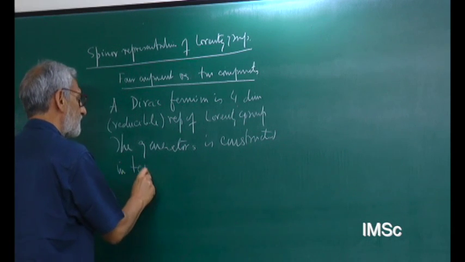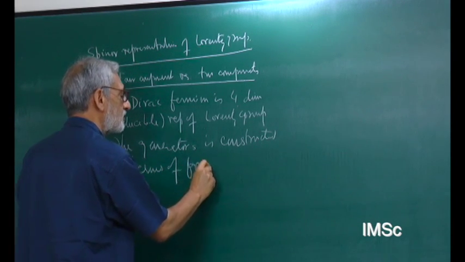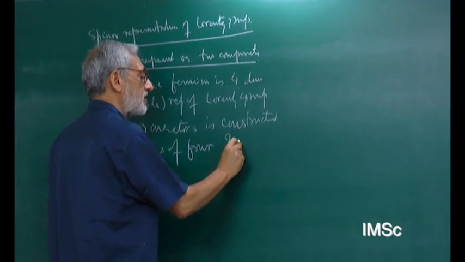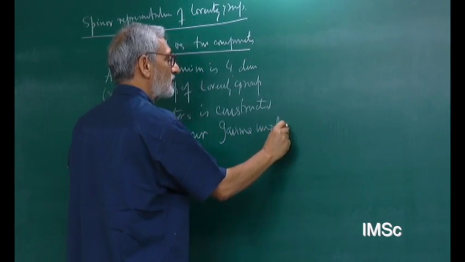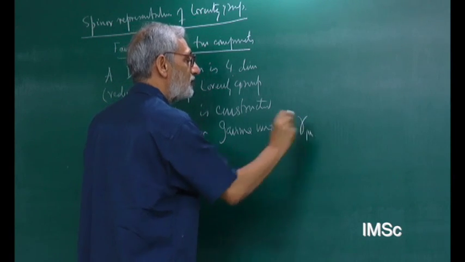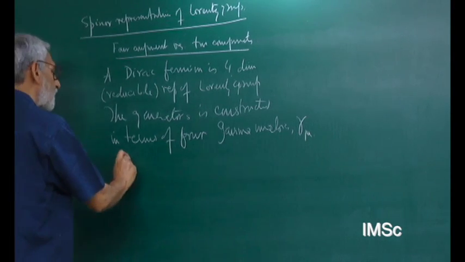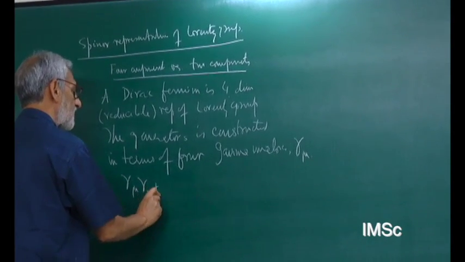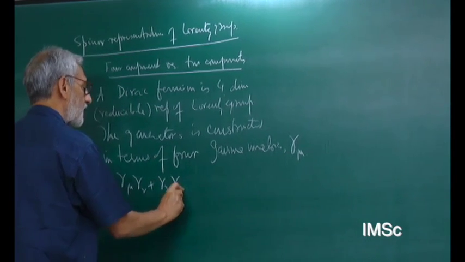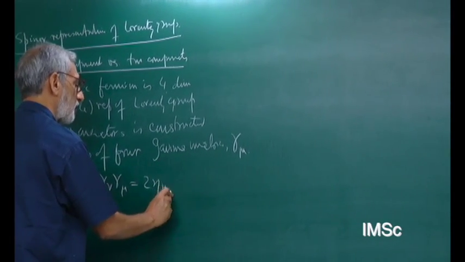4 gamma matrices, gamma mu. What does gamma mu satisfy? The algebra, sometimes people call it Clifford algebra, is twice eta mu nu.